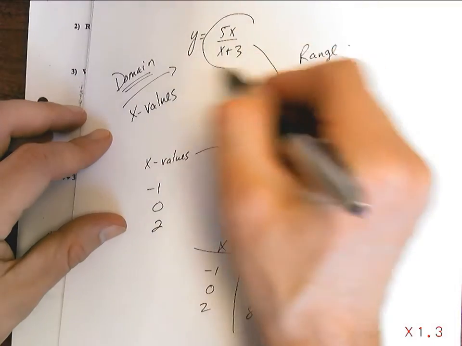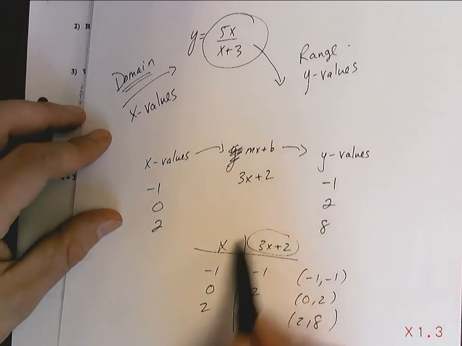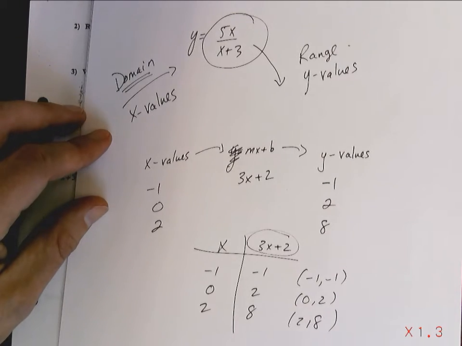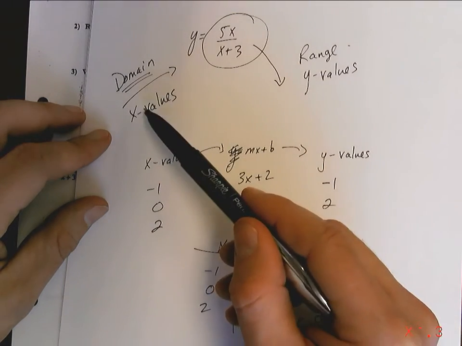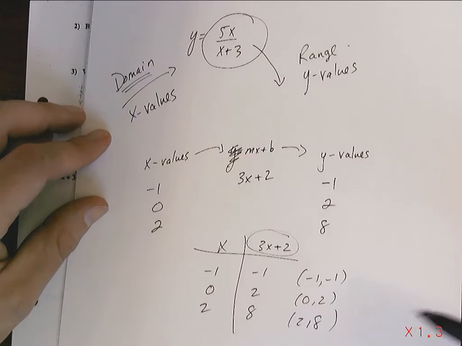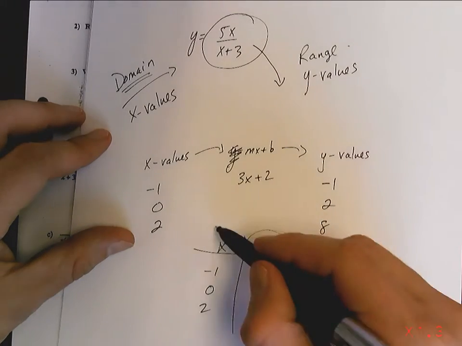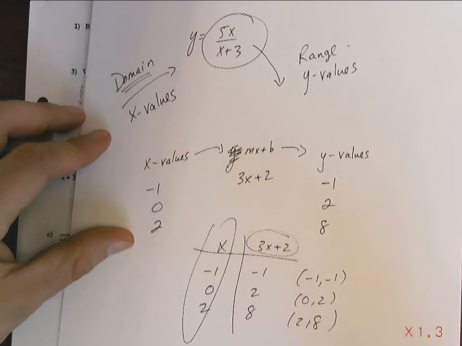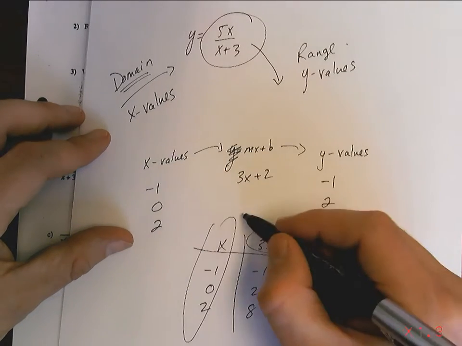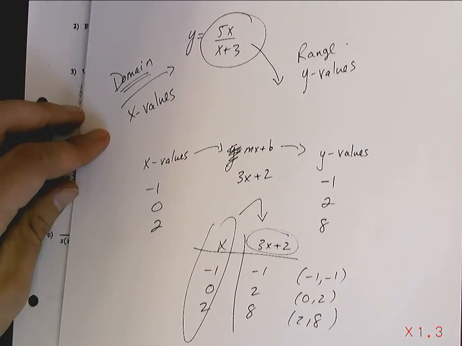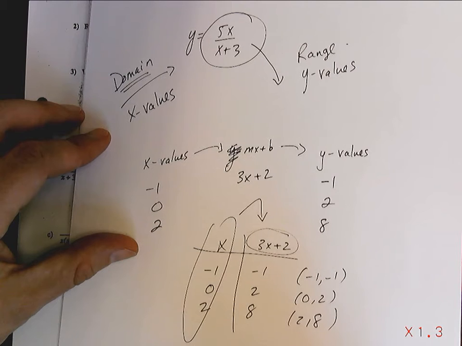Notice that our function looks a little bit more interesting than your grade 9 function, but it's still the same idea. We're going to come up with x values that can go in and range values that can come out. Notice you got to choose any value of x that you wanted. Any single value of x that you wanted to choose, you could put in there. The same was true in grade 10.